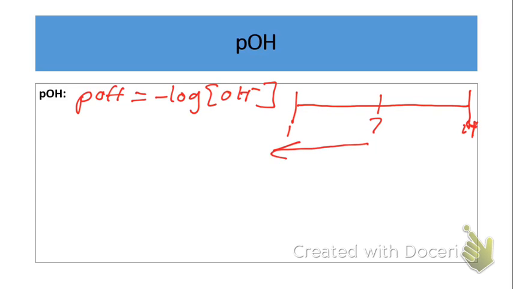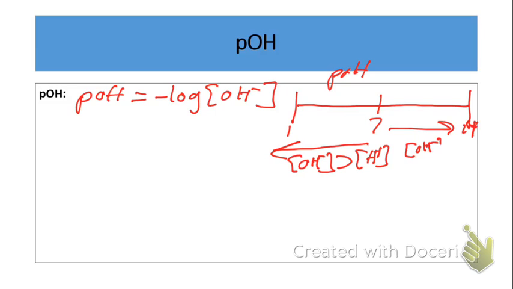In other words, the hydroxide ion concentration is greater than the hydronium concentration, or the H+ concentration, at pOH's, remember pOH's scale, under 7. And anything above 7, the hydroxide concentration is going to be less than the H+. So it's just flipped around. And 7 is still neutral.